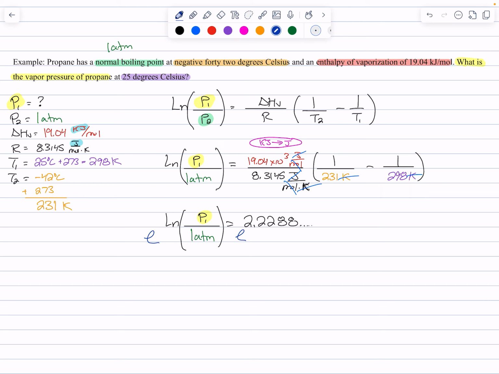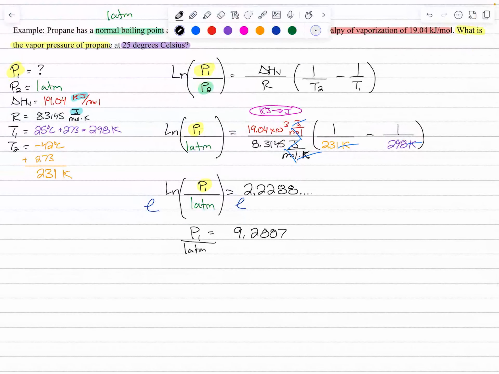I get P1 over 1 atmosphere equal to 9.2887. Now I just have to multiply by 1 atmosphere, so P1 is 9.2887 atmospheres.